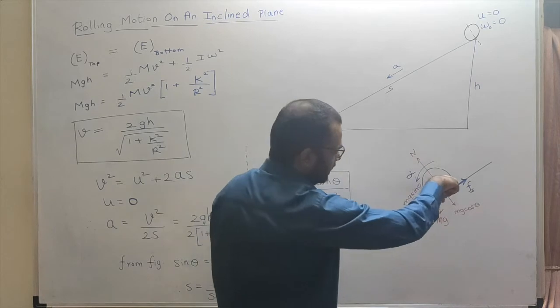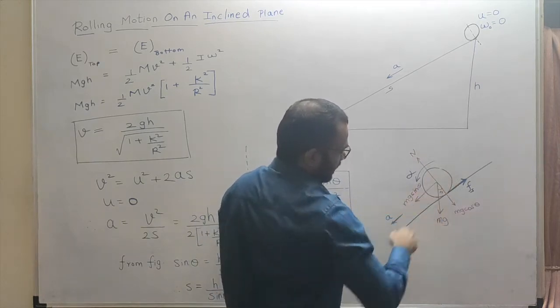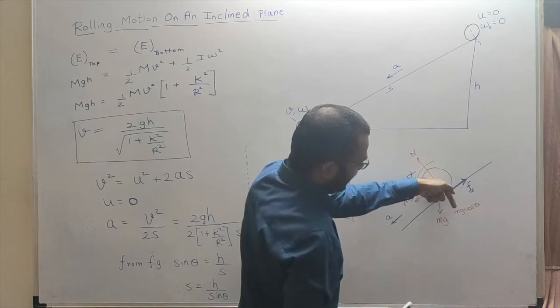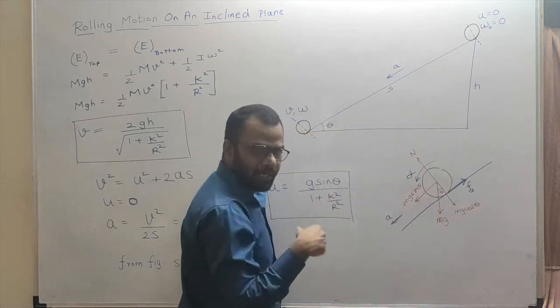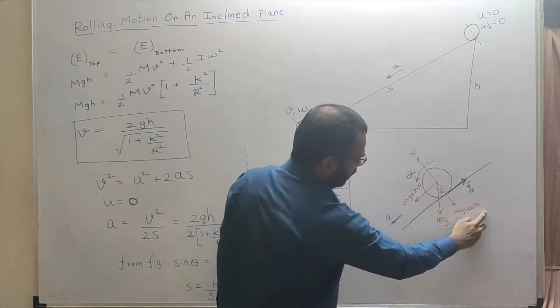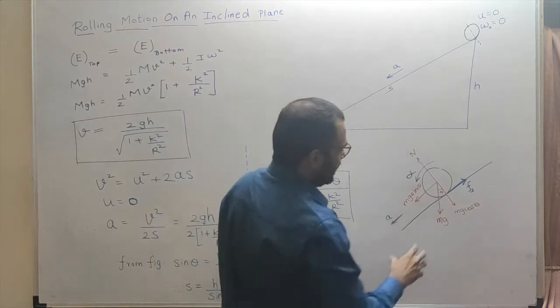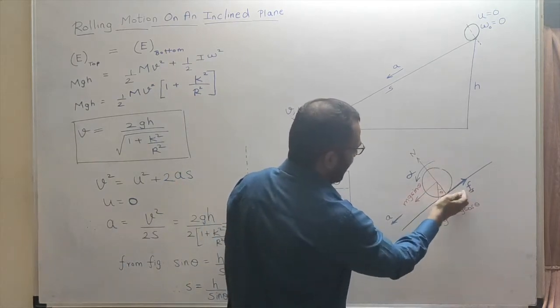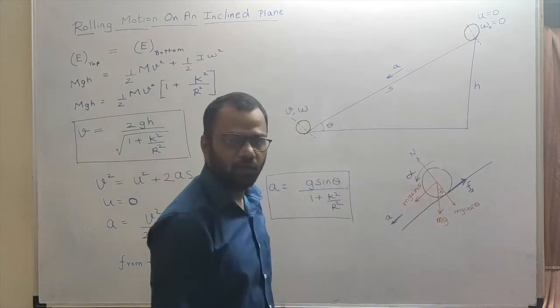Now I have resolved this force into two forces, one perpendicular to the incline, one along the incline. If this is theta, by geometry you can easily show that this is theta. So this component is mg cos theta, this component is mg sin theta. Then there is a normal reaction N by the incline on the object, perpendicular to the incline.